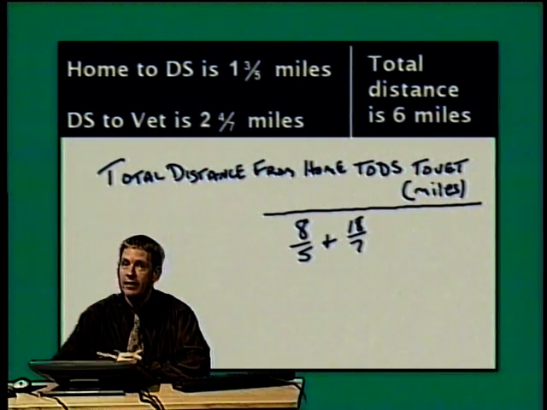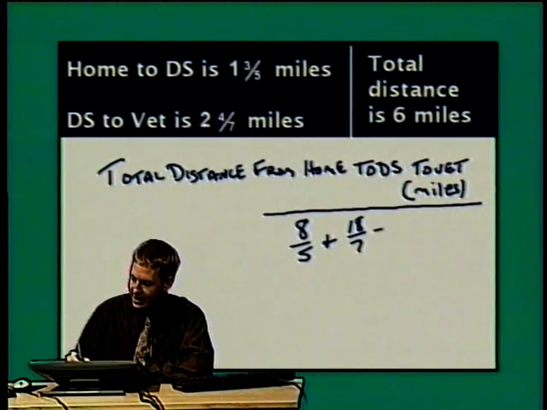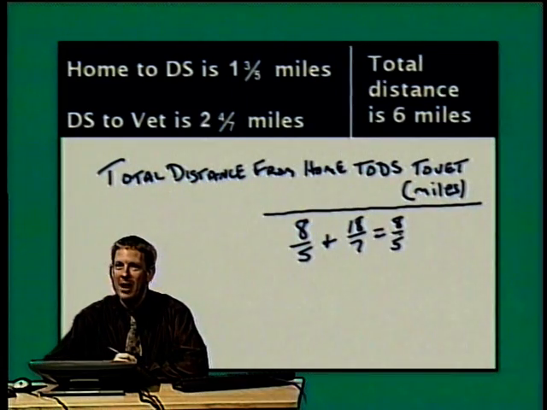Now 5 and 7 are both prime numbers, so it's easy to figure out that there are no common primes in the denominators of 5 and 7. So our least common multiple, our lowest common denominator, is going to be 5 times 7, which is 35. So I need to take 8/5 and multiply it by a form of 1, because if I multiply by any other number, I won't still have 8/5.